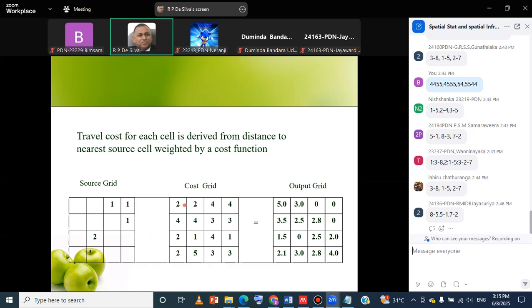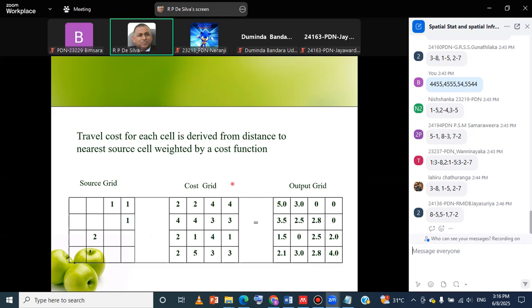If the cell from one end to the other end costs 2, halfway it costs 1. From here to here, it costs 2. So 1 plus 2 is 3. Not only there, you have to go to the center of that cell. Then your cost is 4 divided by 2 is 2. 3 plus 2 is 5. So from here to go there, it costs you 5.